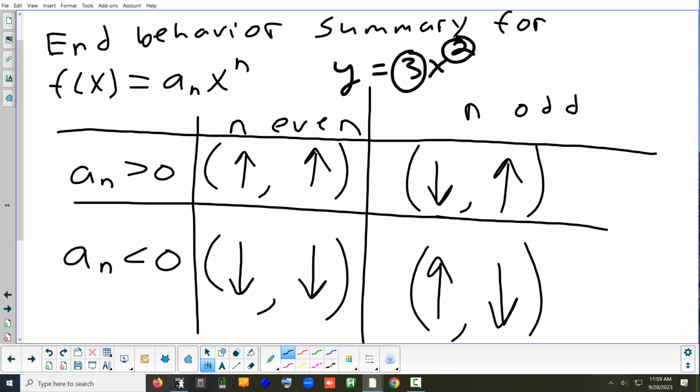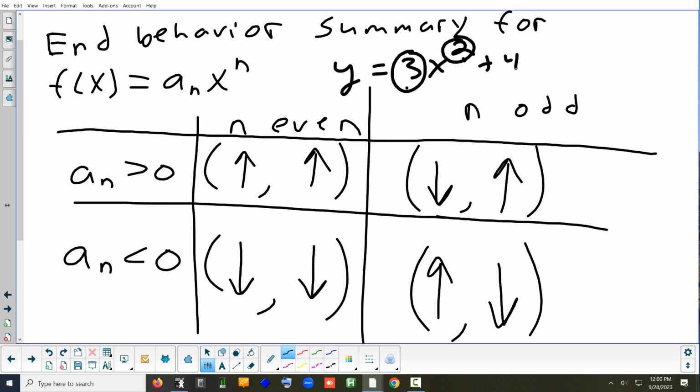So do all even functions. Anything that has an even exponent will go up on the left, up on the right. Anything that has an even exponent with a negative in front will go down on the left and down on the right. So it all depends, is the first number positive or negative, and is the exponent even or odd? Those are the only 2 things that control the end behavior.